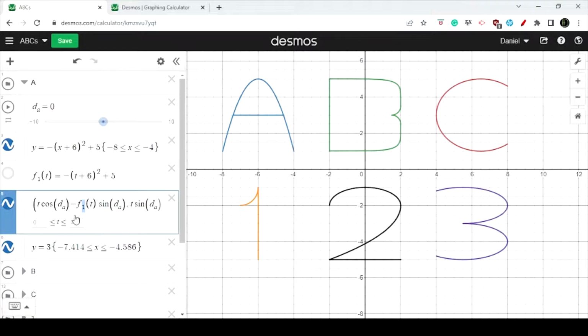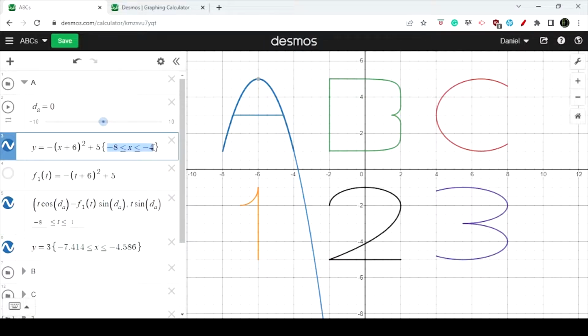So that's why the subscript here, it removes that worry. All right, and then a T range would be the same as what you see up here.